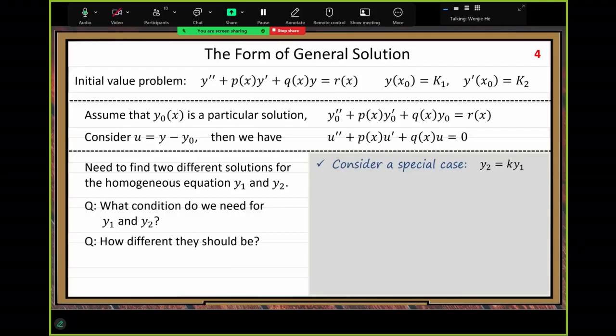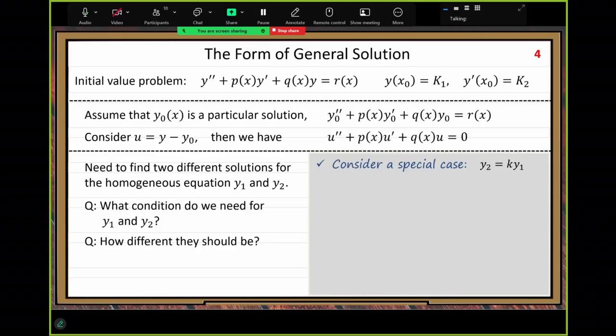You just scale one solution, more or less. That's not meaningful work, so that does not help. We want to avoid that. So we don't want to choose y2 which is a scaled version of y1.